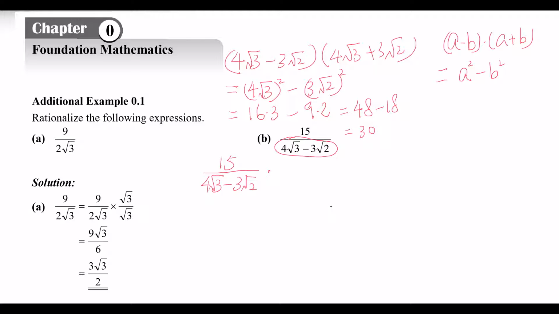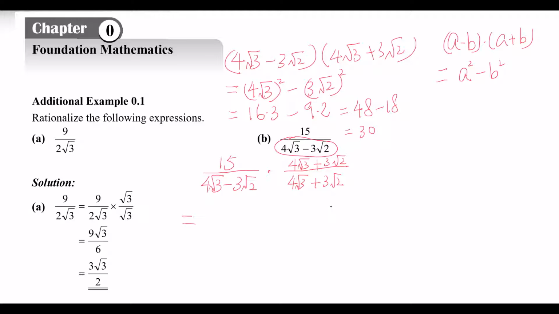We will multiply with 4 square root 3 plus 3 root 2. Here, 4 square root 3 plus 3 root 2, because as I explained, we are rewriting the fractions. We are not going to change the values of the fractions.